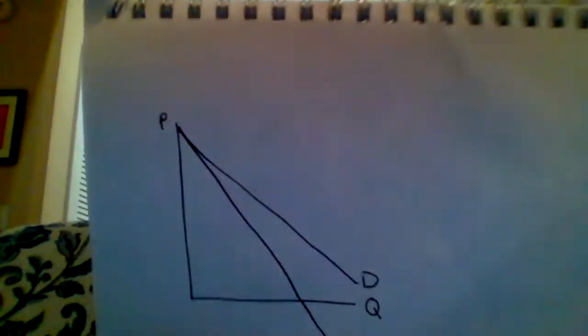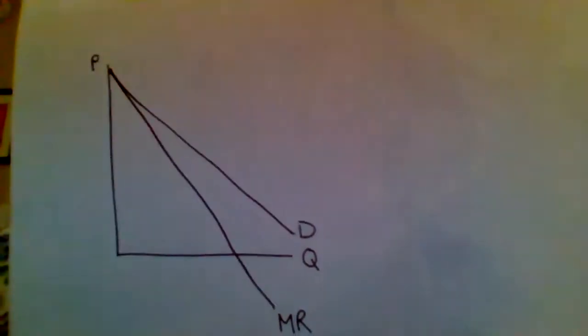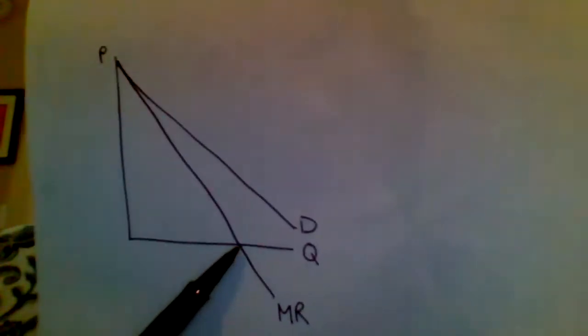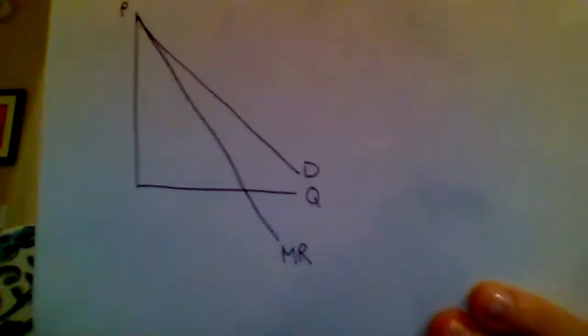And that means they lose the revenue not just from that unit, but all the previous units that they had to then lower their prices on. So MR falls much more rapidly than demand does. So our MR curve looks like this. Now what you see is MR goes negative, and that is very important, okay?